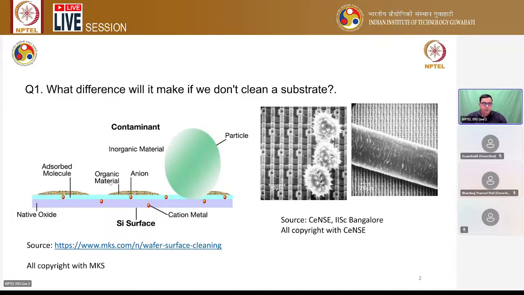Some of the contamination is shown over here. Let me take the laser pointer. You have, first of all, native oxide of thickness less than 10 nanometer available on a silicon wafer, and that is a property of your wafer itself to get oxidized.